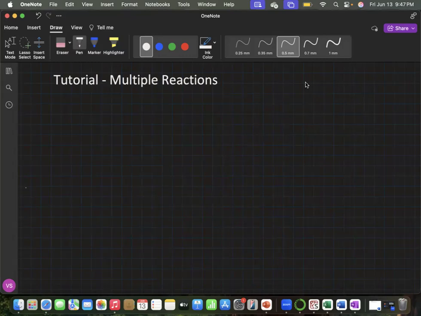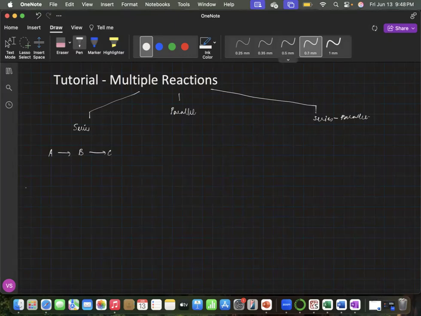So multiple reactions could be of three kinds. There could be series reactions, there could be parallel reactions, and there could be series parallel reactions, right? And as the name suggests, series reactions are reactions taking place in series.